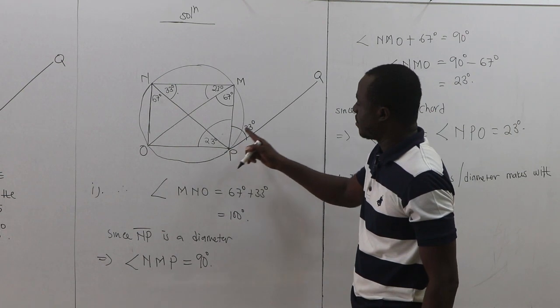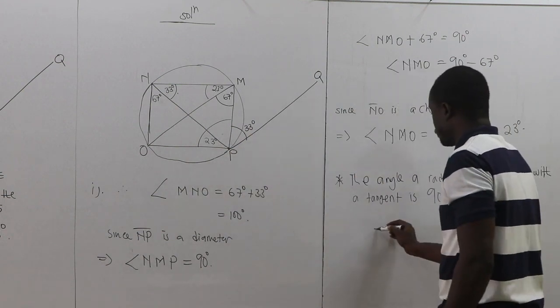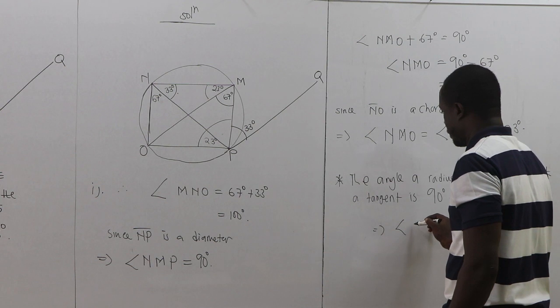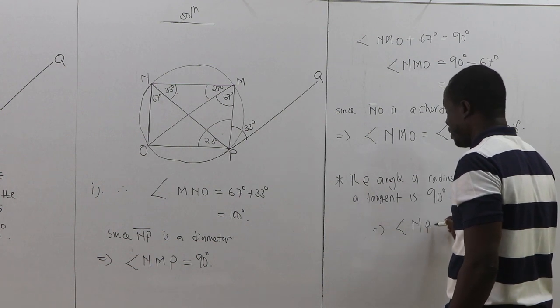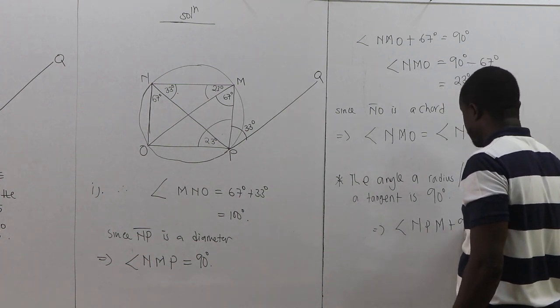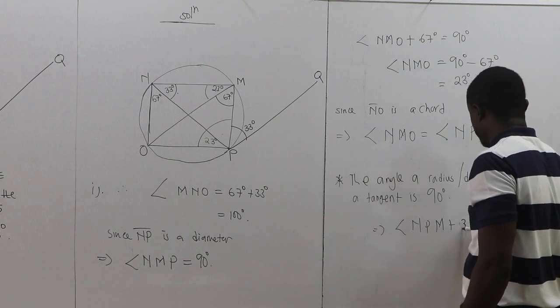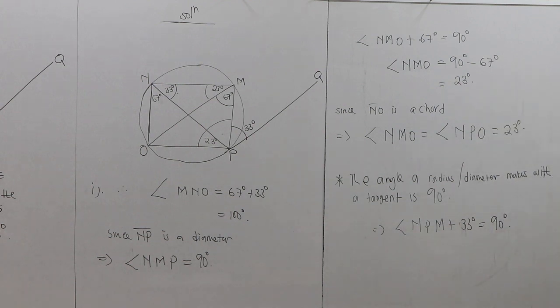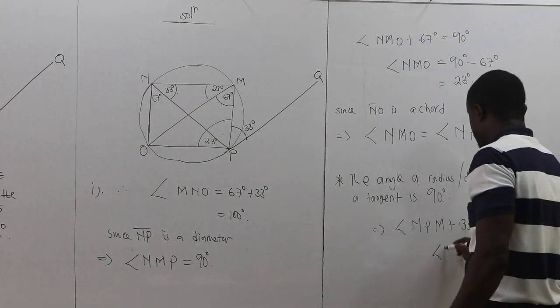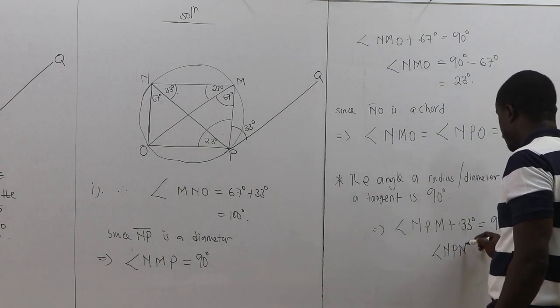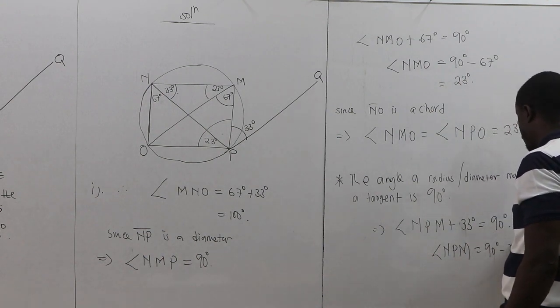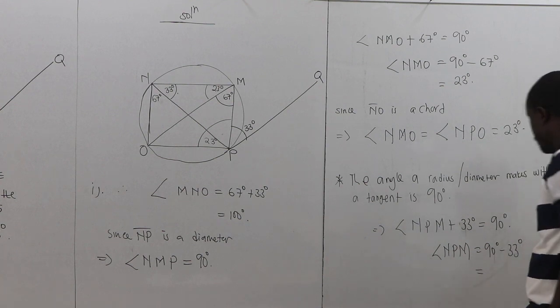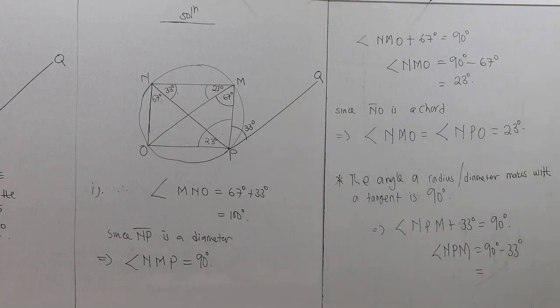So it means that this angle plus this angle should be equal to 90. This implies that angle NPM plus 33 degrees is equal to 90 degrees. So clearly angle NPM is equal to 90 degrees minus 33 degrees, that is 57 degrees.